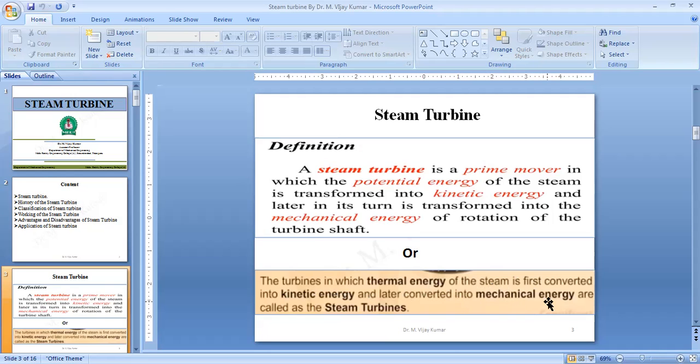That kinetic energy hits the blades, and when it starts hitting the blades, the turbine will be rotating. That is how the mechanical energy will be generated, and at last the electricity will be produced. So this is called a steam turbine.